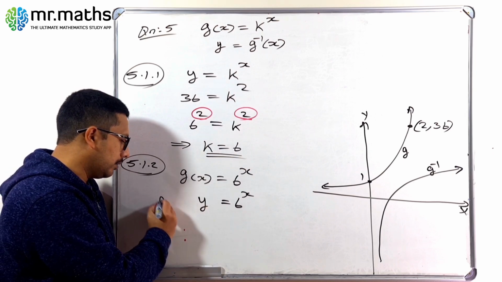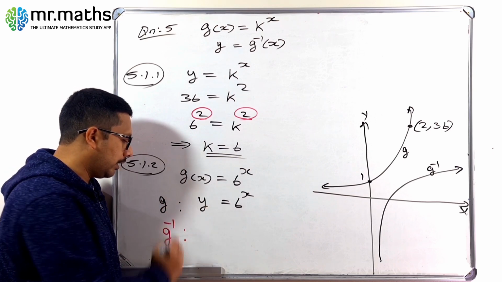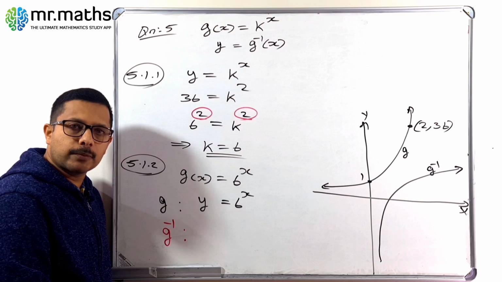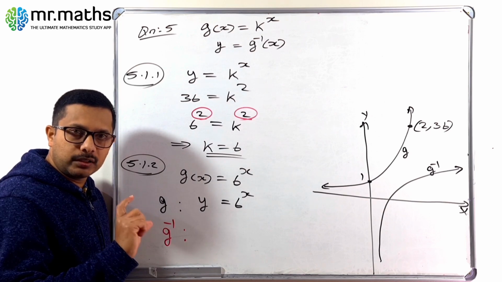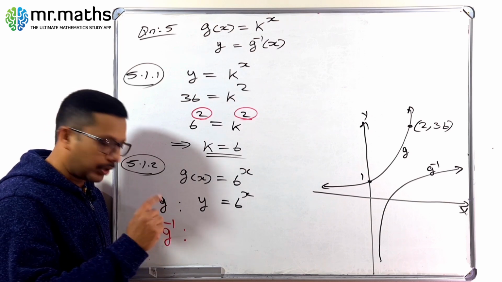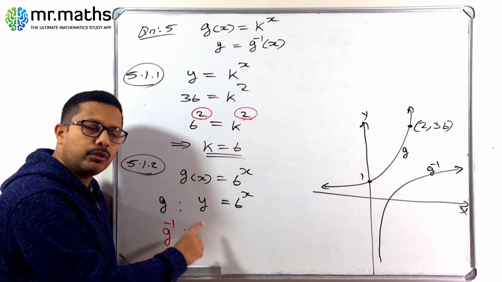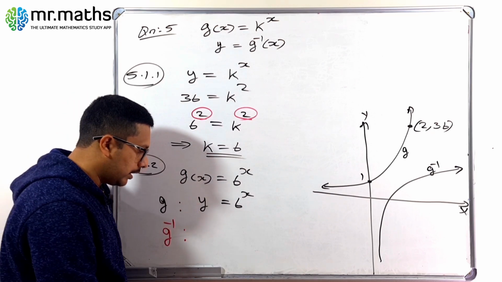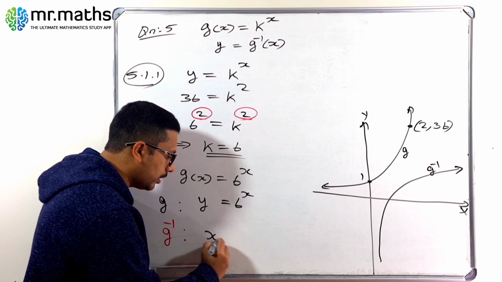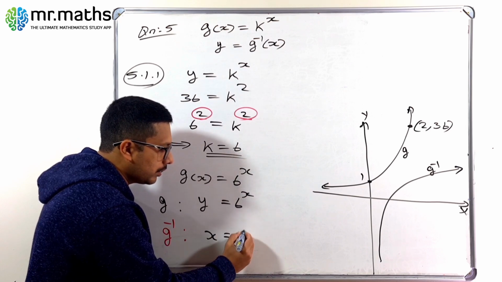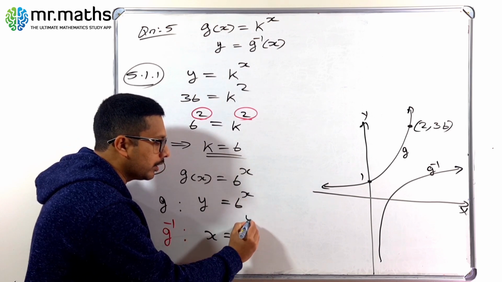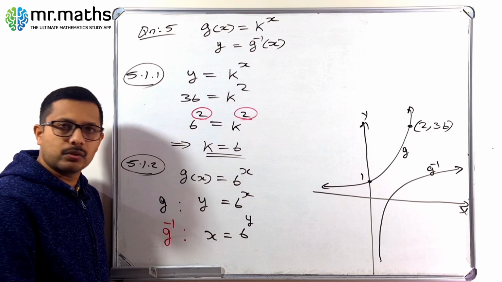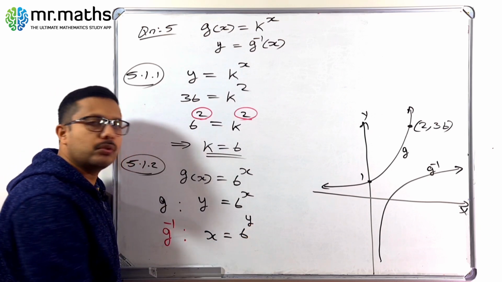And how can you write g inverse? You have to swap x and y, am I right? To write a g inverse equation, you have to swap x and y. So this y you have to write as x, and this x you have to write as y. So x is equal to 6 raised to y.